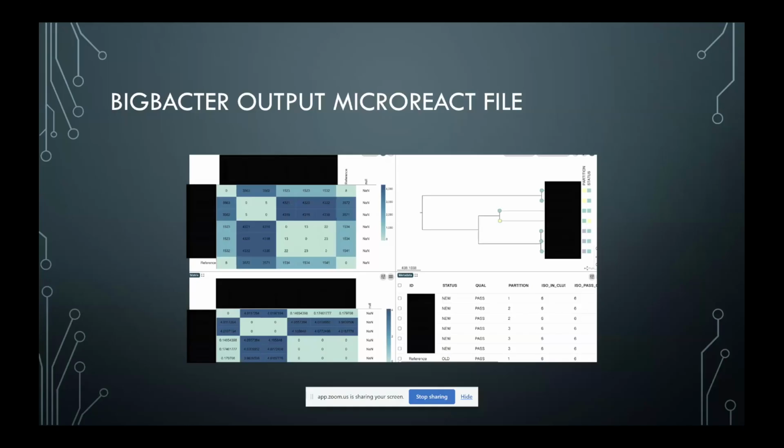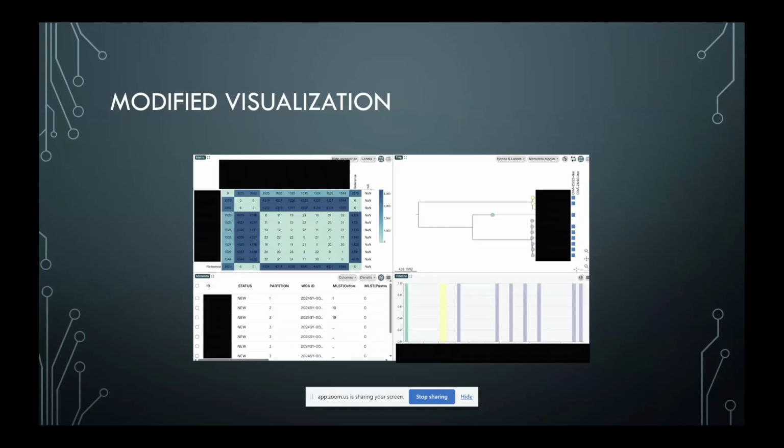So what I do is once I have this, I rewrite it with my own metadata and kind of reorganize it to be more useful. And this is kind of what that would look like. This is a little bit of a different cluster, but essentially I keep the core genome SNP tree. I think that's the most useful thing for a quick visualization for our epidemiologists, especially in a situation like this where the light colors represent really closely related samples.